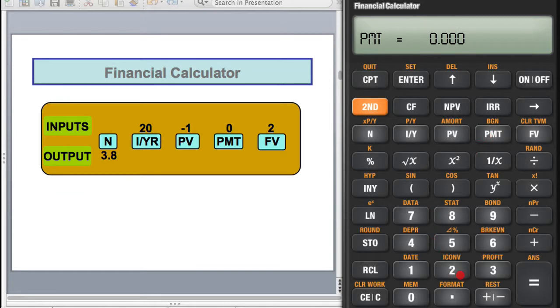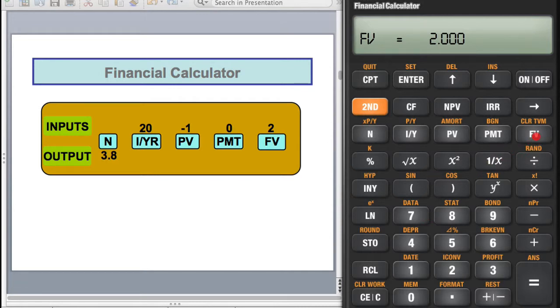So we start with $1 and end with $2. If you're wondering, you can use any amount. You could use $121 as your initial investment, and so you do 121 negative as your PV, and then your future value would be 121 times 2, that would be $242.